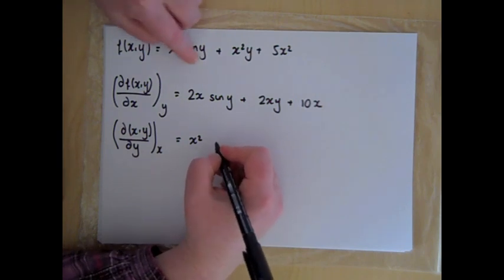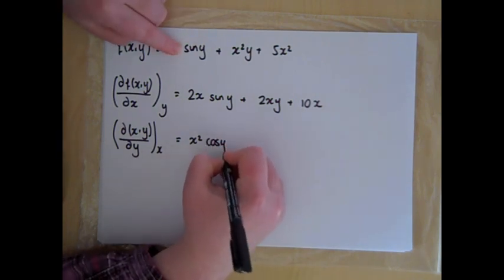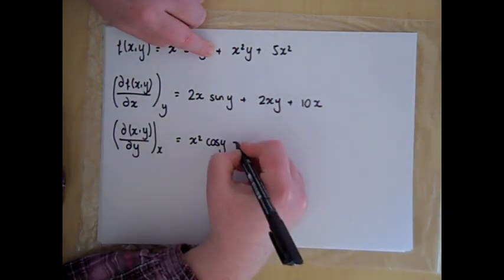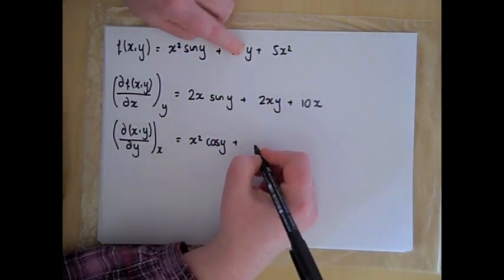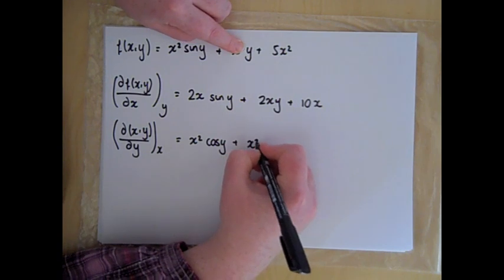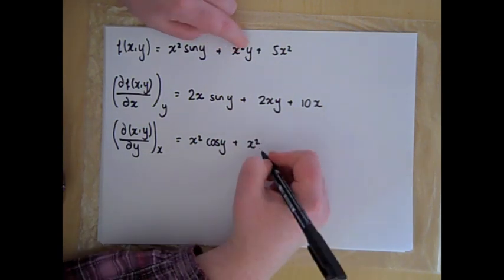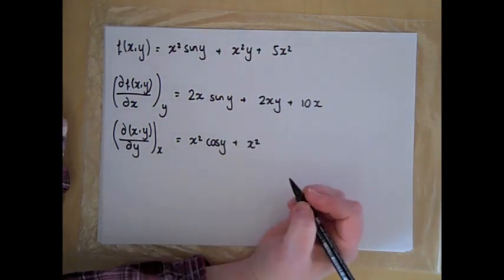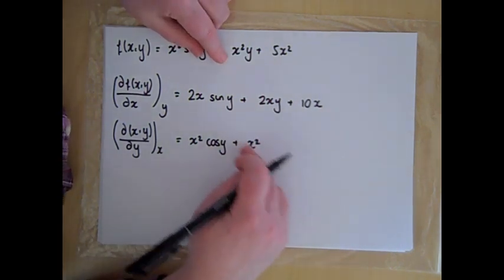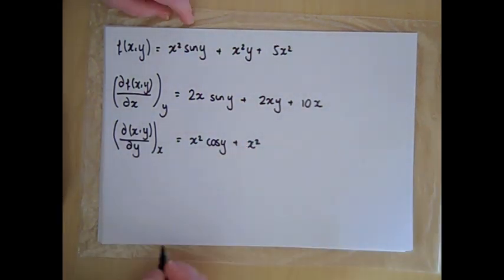So I differentiate sine y. That becomes cos y. And then I'm going to have plus. If I differentiate this, x is just a constant, so it stays x squared. Differentiate y with respect to y, that's just 1, so this is just an x squared term. And this is just a constant term here as well, so when I differentiate that, that becomes 0.